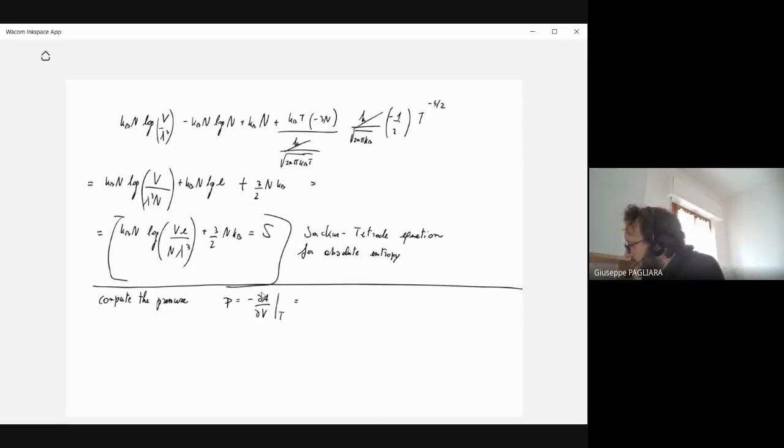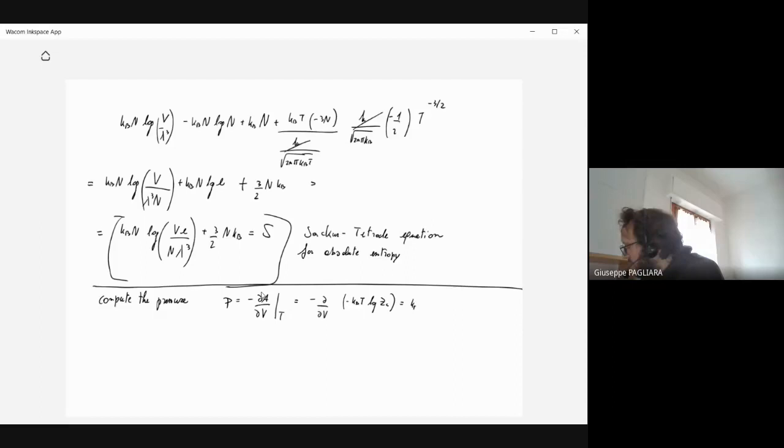Okay, so this is minus the derivative with respect to the volume of A, which was minus kBT log of Z, which was the relation between Helmholtz free energy and partition function.